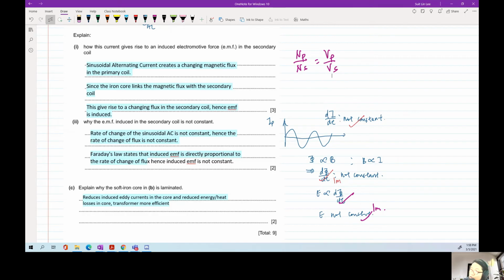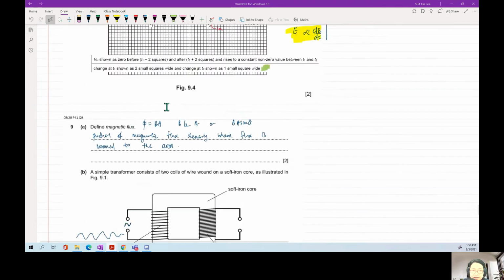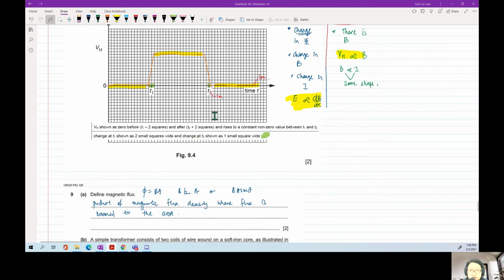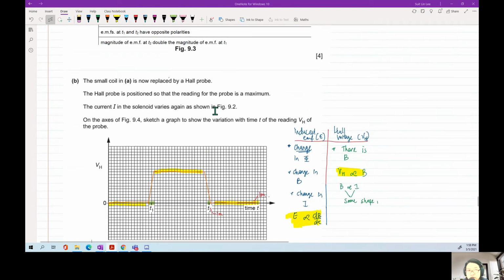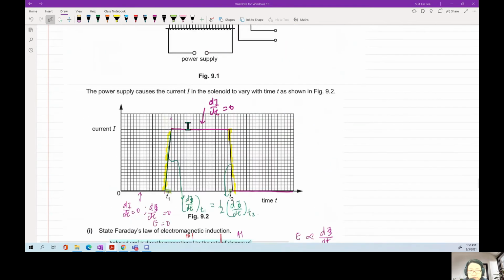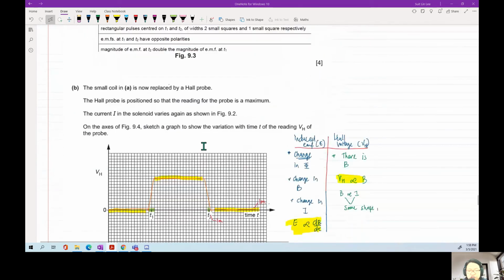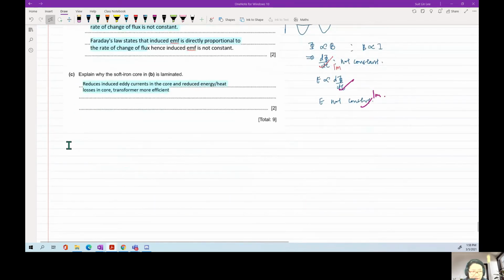Okay, I'm going to move on to Feb March 21. New question, so fresh, so new. And because this is at the tail end, imagine you are a student preparing for Feb March 21. You tried the ON20 papers, you kind of got a hang of it. And now you are sitting for FM21.